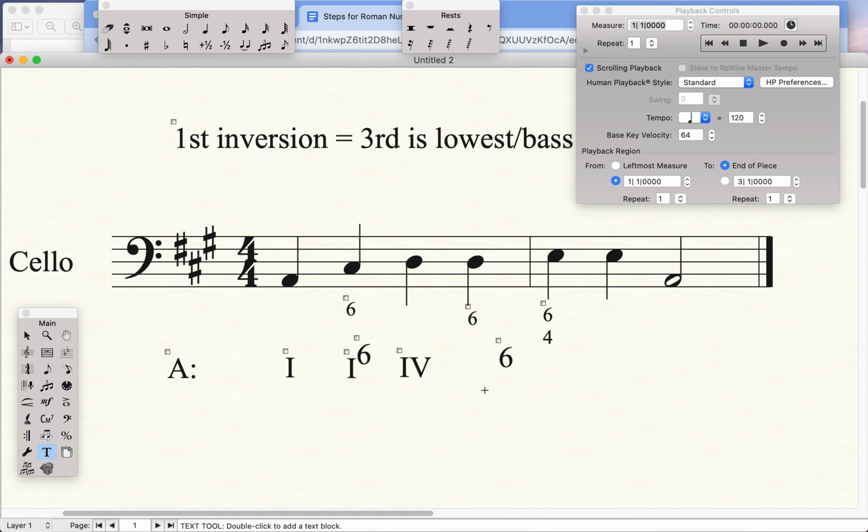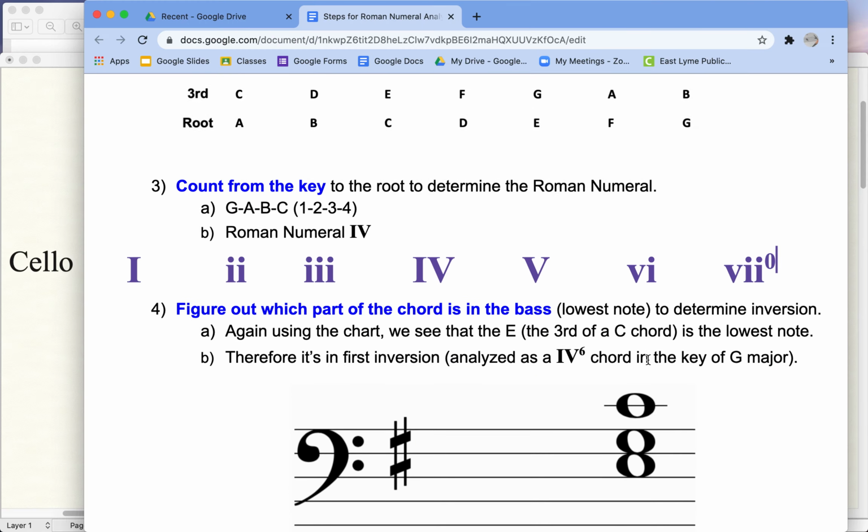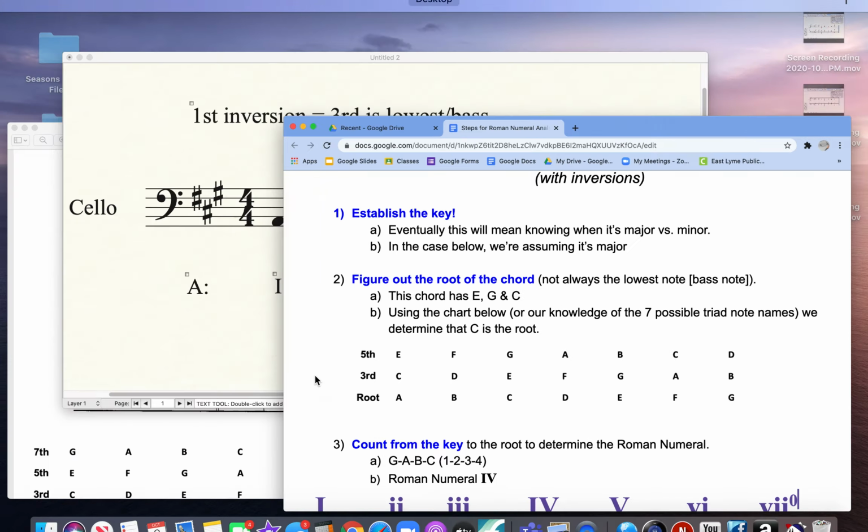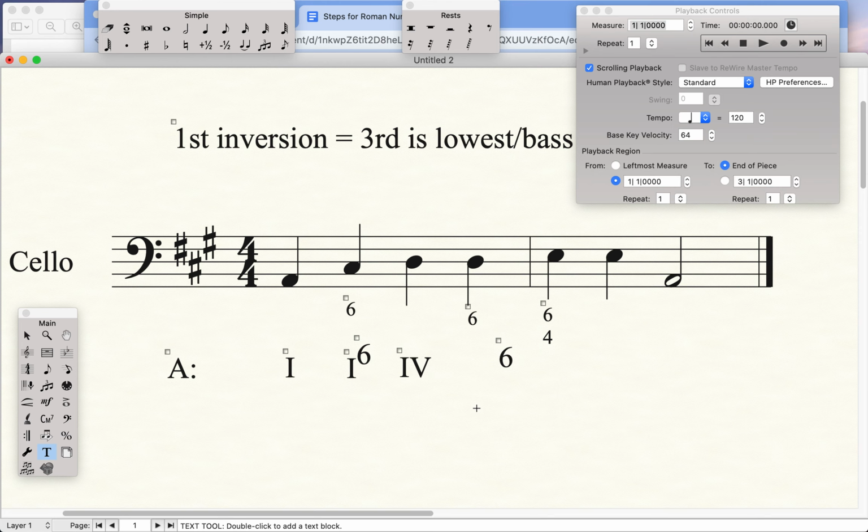So let's delete that. It is a first inversion chord. That little 6 means it's in first inversion, which means that this is the third of this mystery chord. So if D is the third of the chord, reference my little chart, there's thirds, there's D, the root must be B. So the root of this chord is B. The little 6 is telling me it's in first inversion, which means the third is in the bass.